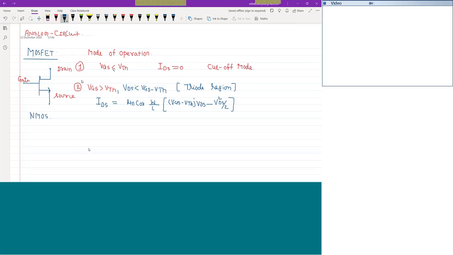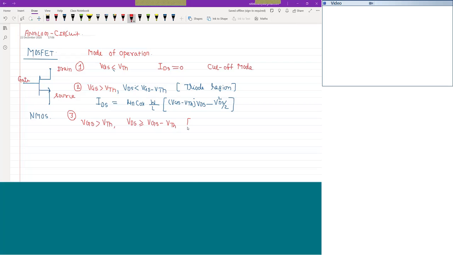Next is the third one, is VGS is greater than VTH and VDS is greater than or equal to VGS minus of VTH.